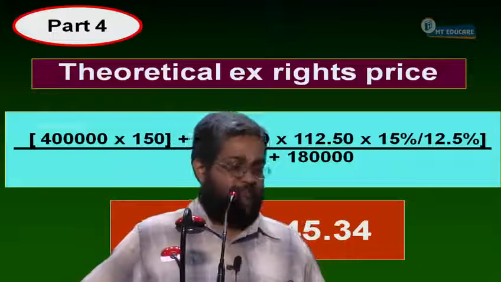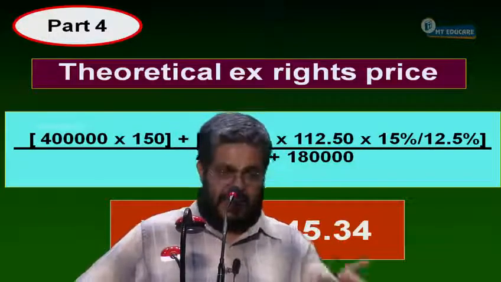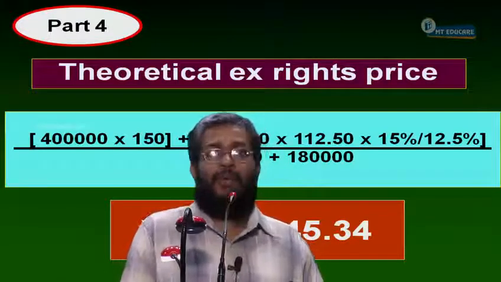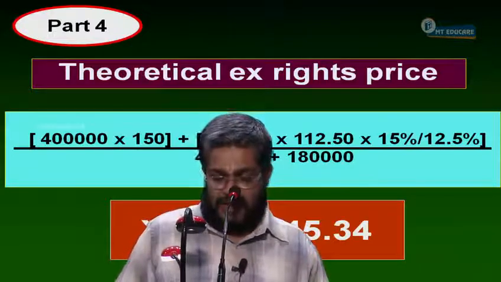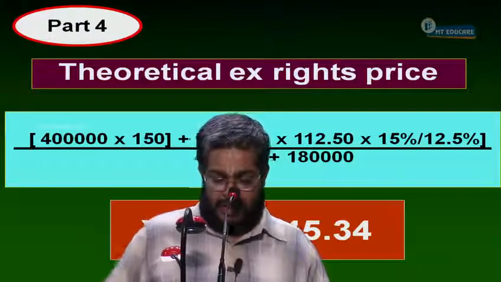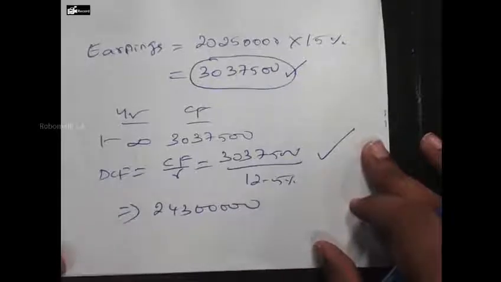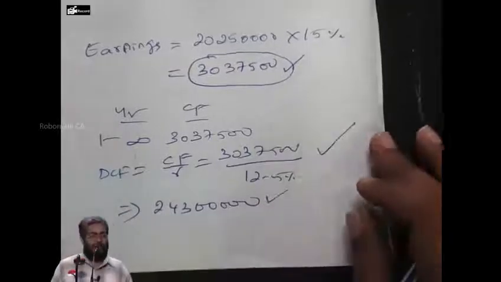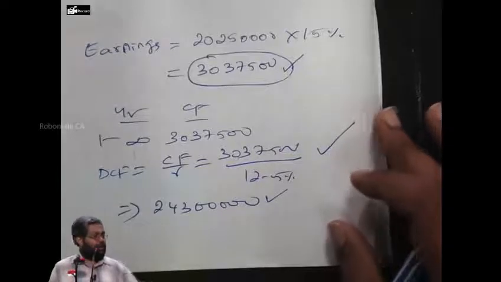The present value of the perpetuity is the value of the new investment, which is, tell me, what divided by what? 30 lakh 37,500 divided by 12.5%. Is how much? 2 crores 43 lakhs. Now, did you understand why it became 243 lakhs?